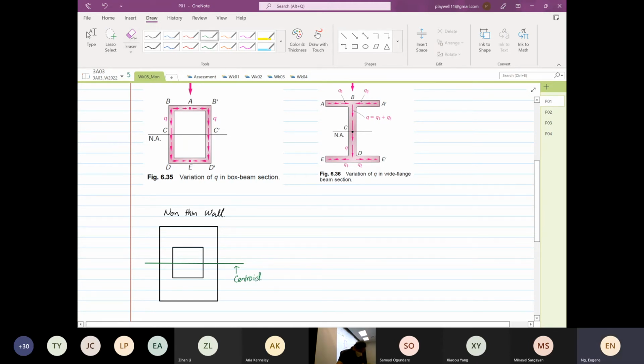For a non-thin wall, this is the thickness. I'll draw the thickness. This is the thickness of the configuration. And then at the centroid, you have to consider this thickness.